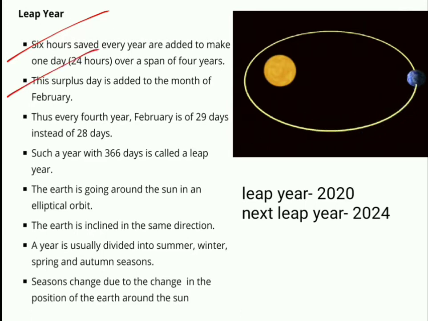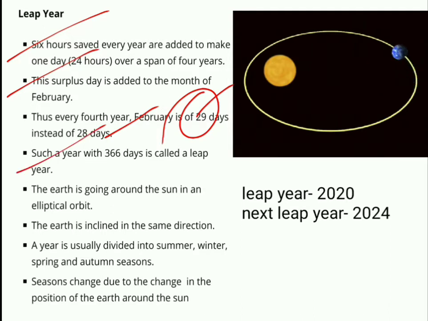This surplus day is added to the month of February. Thus every fourth year, February has 29 days instead of 28 days. So after the 4 years we will get an extra day, and that extra day is added in the February month as the 29th date, instead of 28.